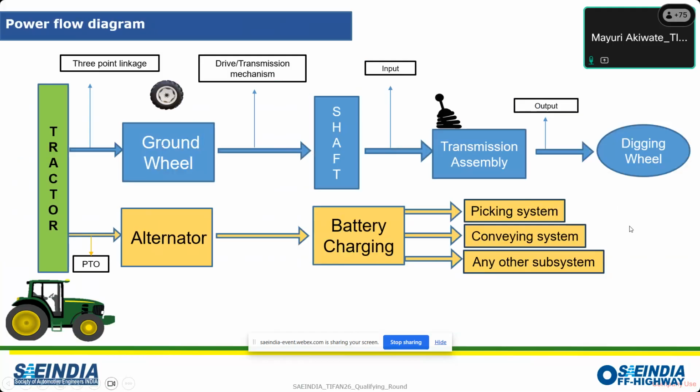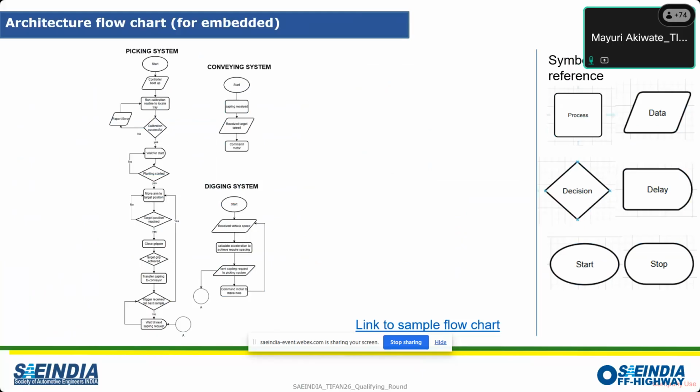Whatever mechanism you have chosen, or whatever power flow is related to your system, you need to draw it in the power flow diagram. This is a simple thing. Now we will go to the architecture flow diagram.